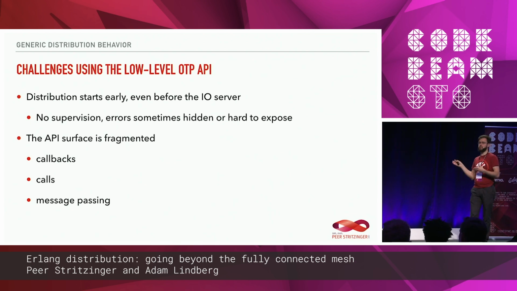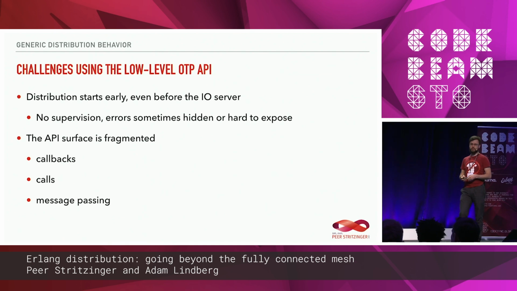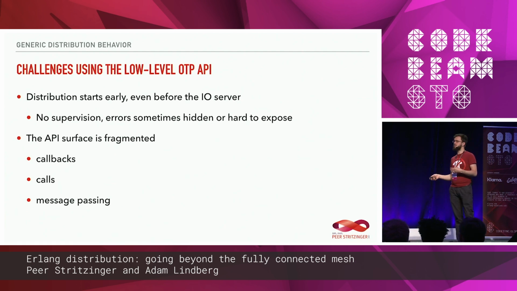This doesn't happen here, so it's a bit harder to debug. And rewriting all this code from scratch every time you make a new distribution implementation, it's nicer to have it encapsulated in a generic behavior. And the API surface is a bit fragmented, so there's a mix between callbacks, function calls back into kernel space, and message passing. So we also want to abstract all of this away into a more functional API.